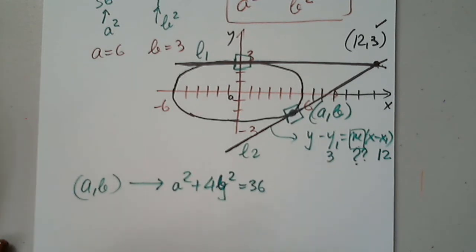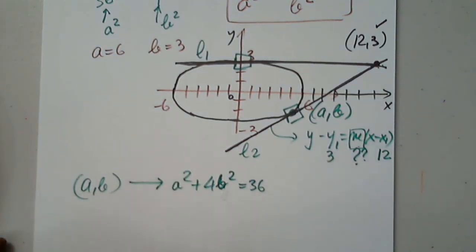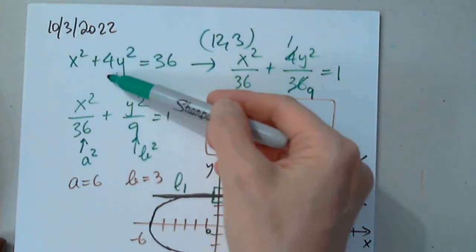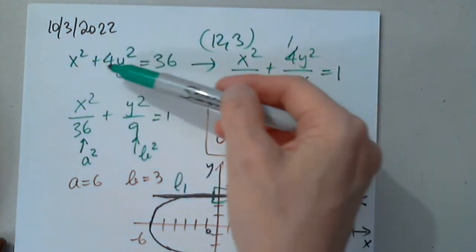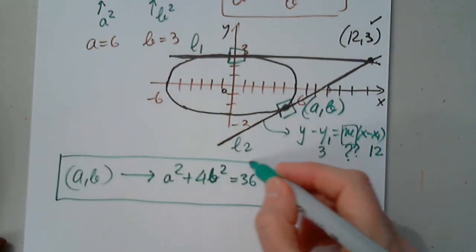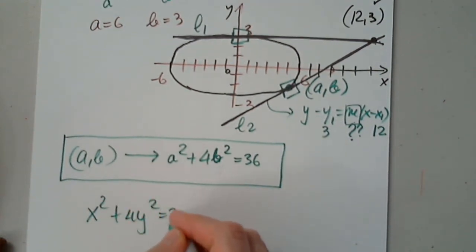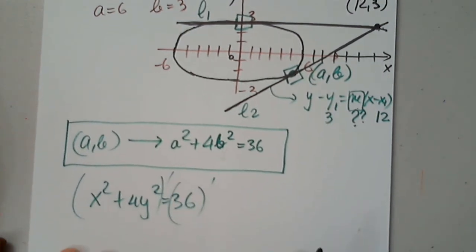Secondly, I will determine the slope. In other words, I will find dy over dx, the equation of the derivative, in other words, or the derivative of this. So this is the first thing that I needed to do. Secondly, x squared plus 4y squared equals 36. I apply this operator to both sides.